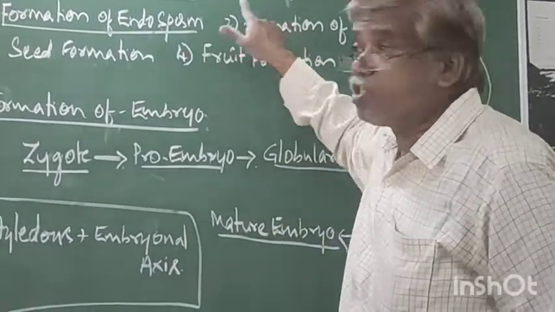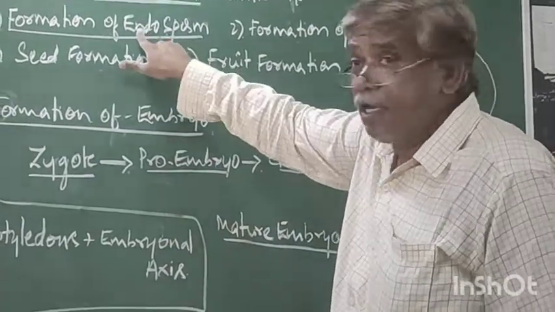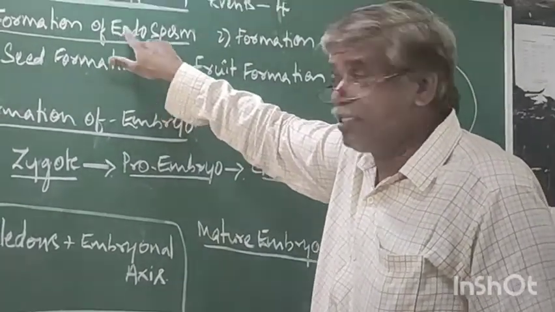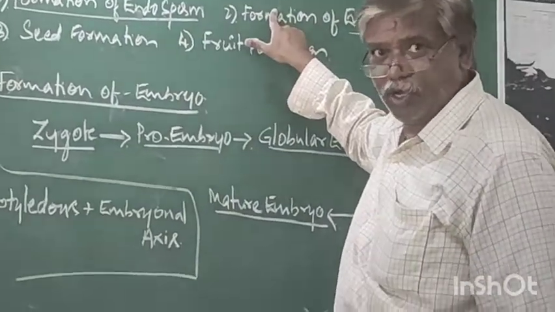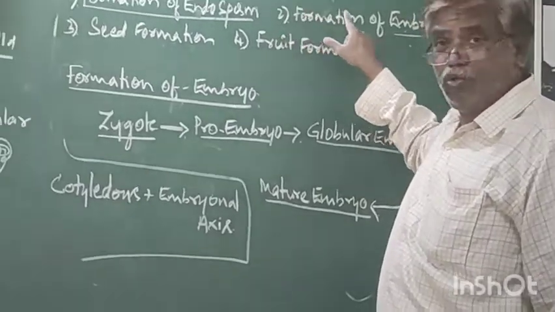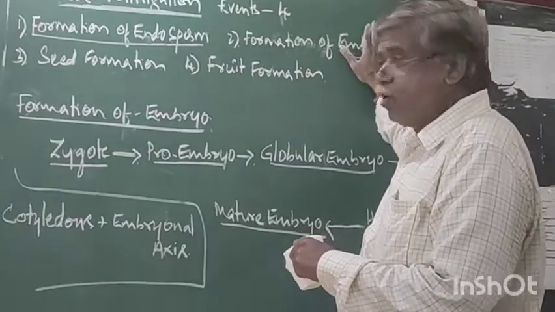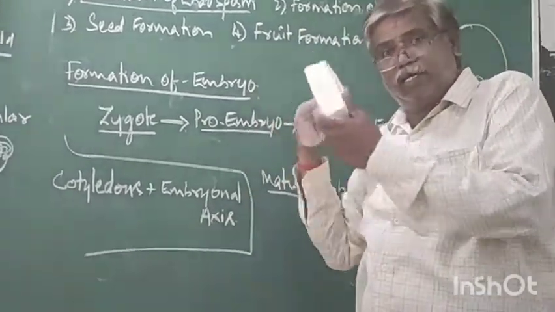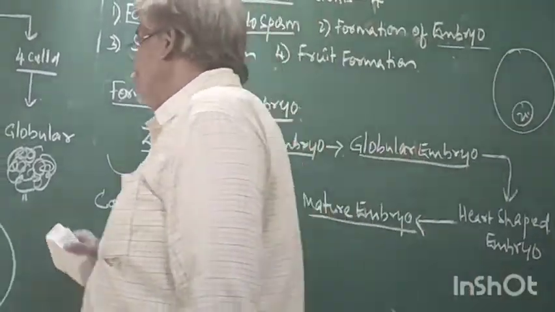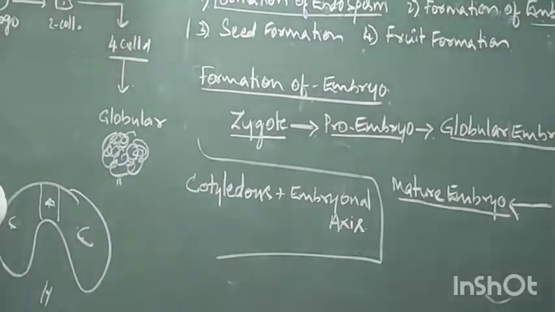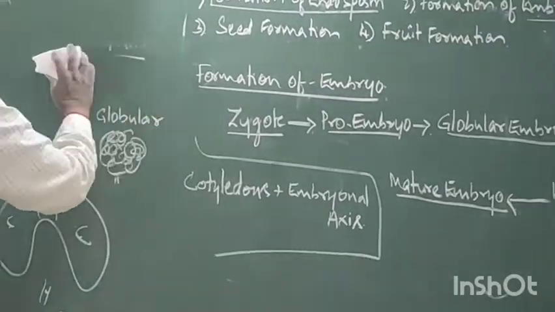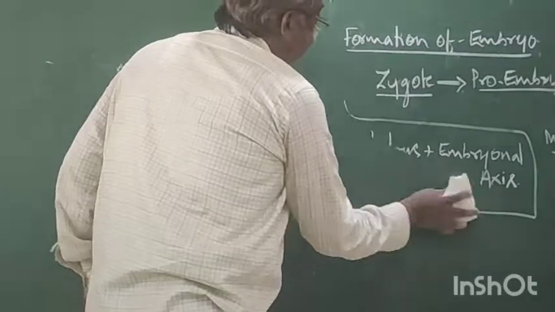But this is not strictly simultaneous; it is earlier than this. During the formation of the embryo, these two occur simultaneously. Now come to the seed formation. Right. What is a seed?